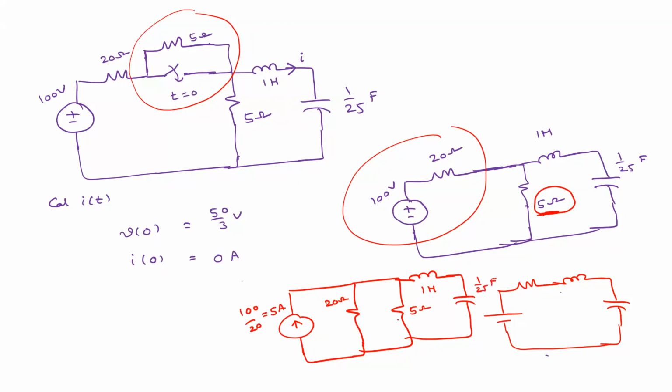Now these two come in parallel, right? 20 ohm and 5 ohm in parallel, what value will you get? 4 ohm. So now the circuit is reduced like this.